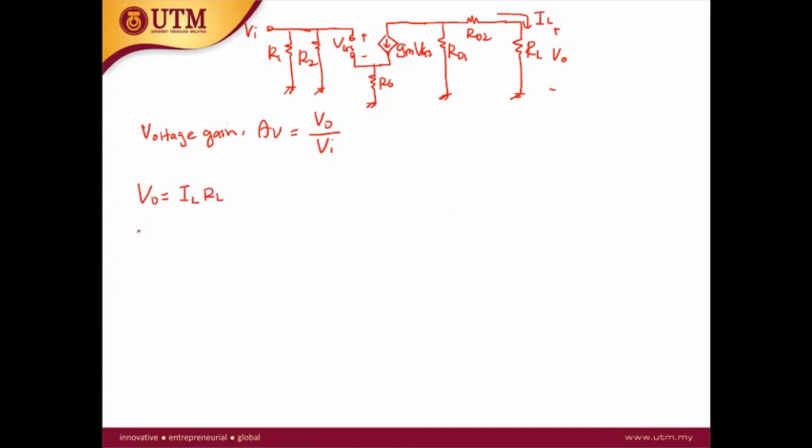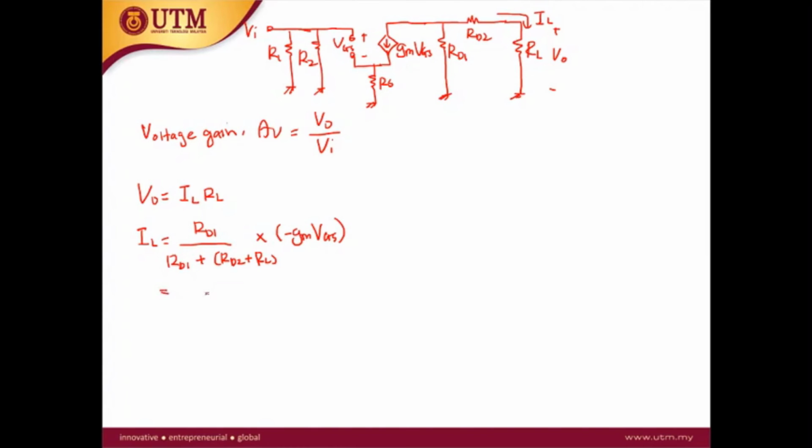So what is IL? IL is using the current division. IL is RD1 over (RD1 plus RD2 plus RL) times minus GM VGS.